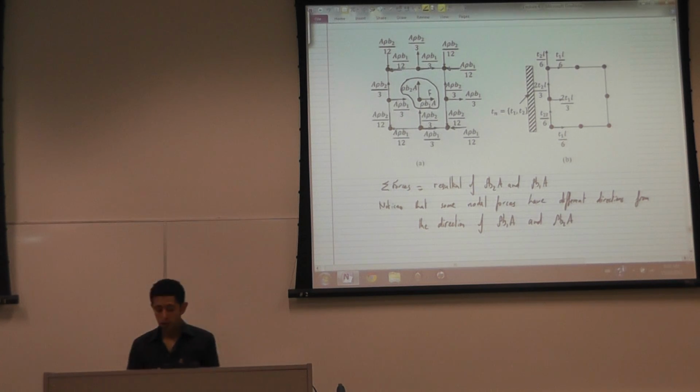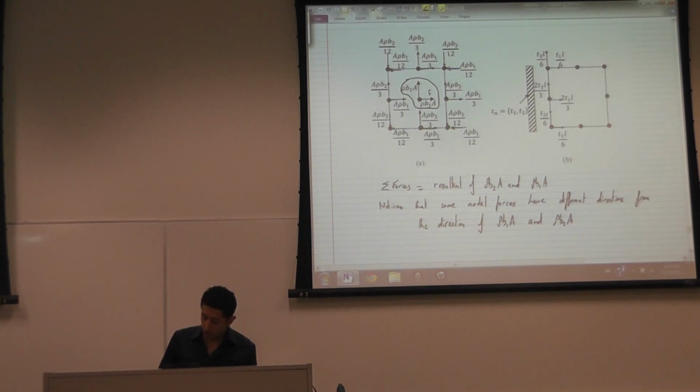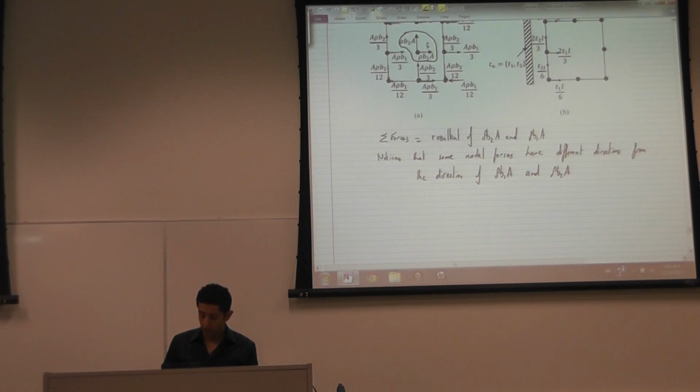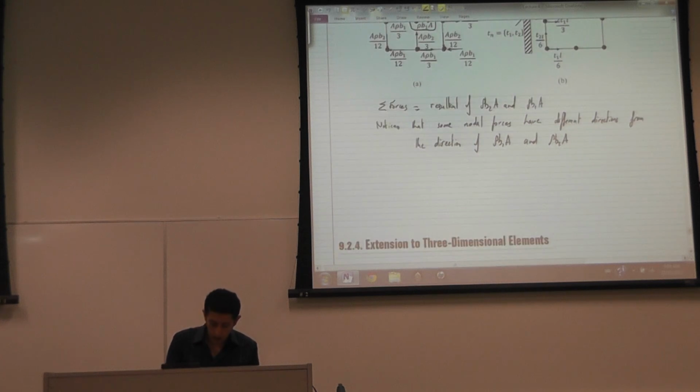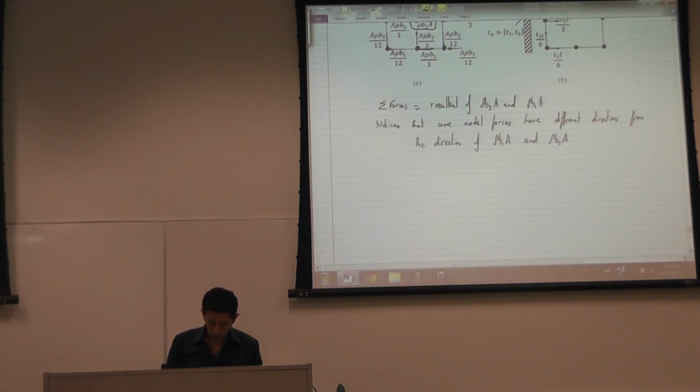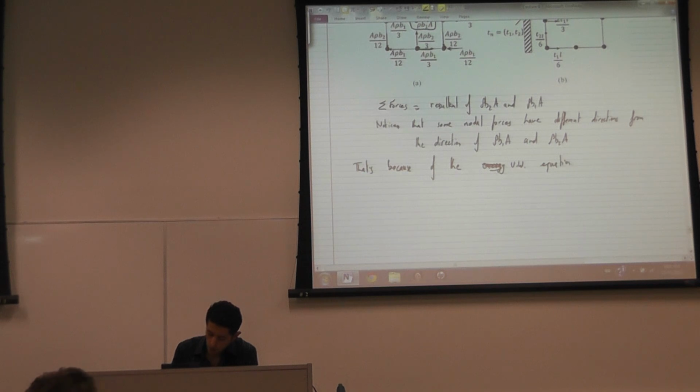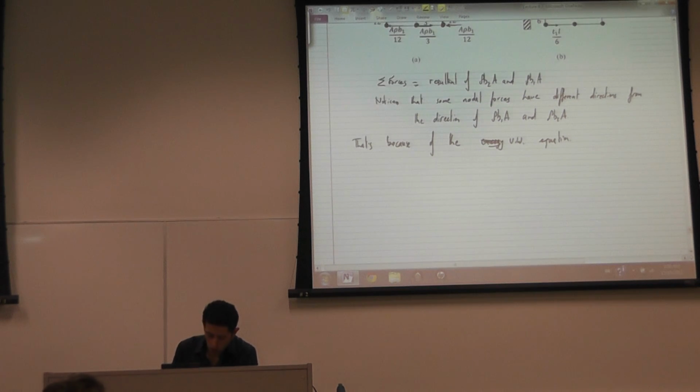So you're applying the horizontal force in the positive direction, and the equivalent nodal force is in the negative direction. Now why is that? That's because of the energy equation that we're using, or the virtual work equation. So what does the virtual work equation say? Well, how did I use the virtual work equation to obtain this force?